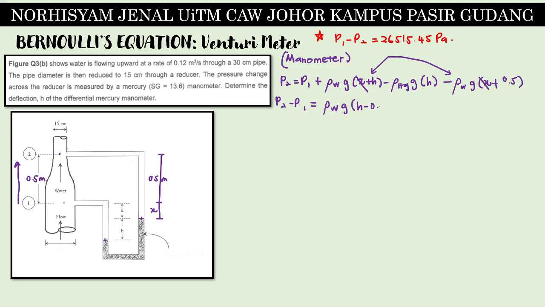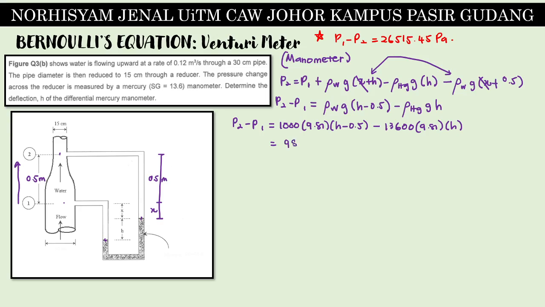So minus 0.5 minus rho Hg G H. So P2 minus P1 is equal to 1000 multiplied by 9.81 multiplied by H minus 0.5, minus 13,600 times 9.81 times H.